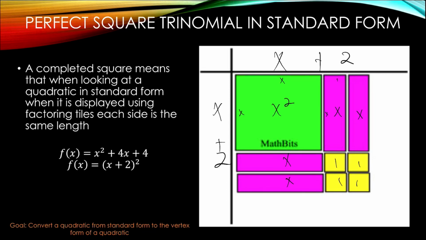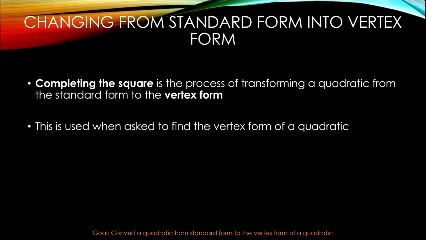What we're going to do today while we're completing the square is we're going to be given a trinomial that's not a perfect square, and we're going to have to figure out what we can do to create a perfect square. I'll show you how to do that. To change from standard form into vertex form, that's what we're doing when we're completing the square.